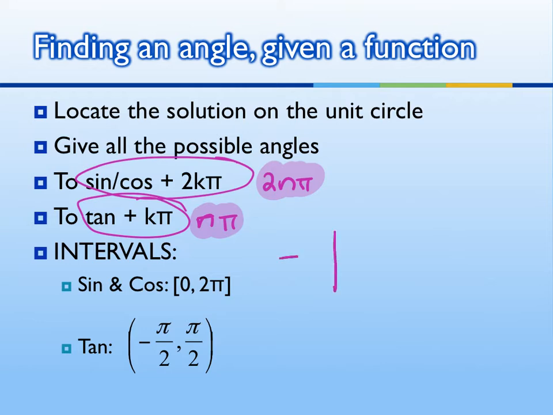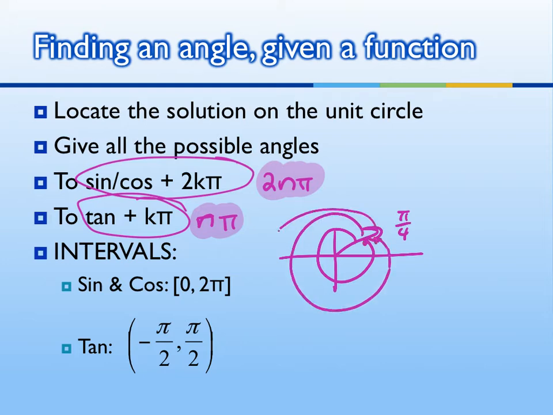Which means if my answer was pi over 4, let's say, I can add one 2 pi to it, I can add two 2 pi's to it, I can add three 2 pi's to it. And I can keep going around that circle and it would still be the same point. So that n pi is just a variable that represents a constant that can be changed.